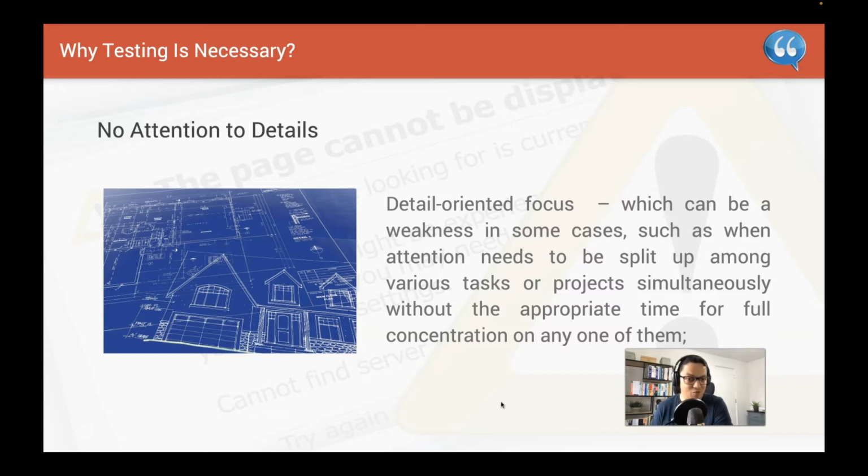Sometimes you find yourself working on multiple things, multiple tasks and projects, and then you won't have the appropriate time to be able to concentrate and do it thoroughly and properly.